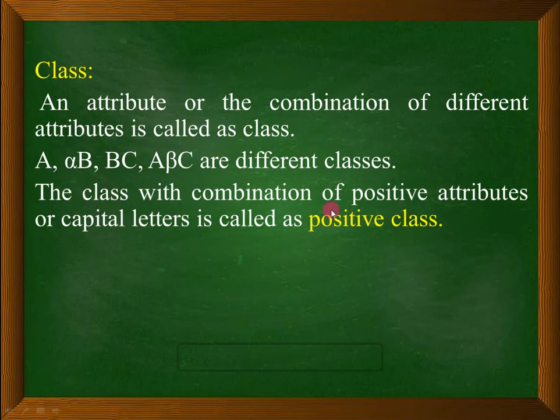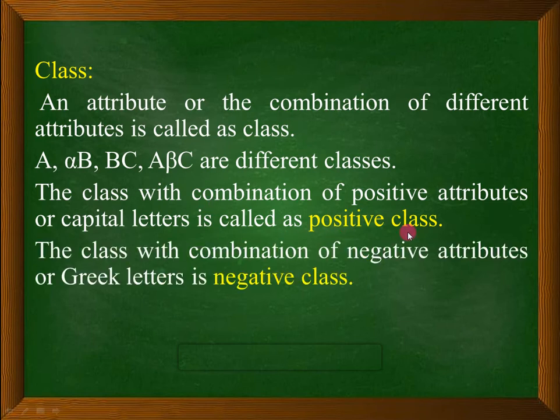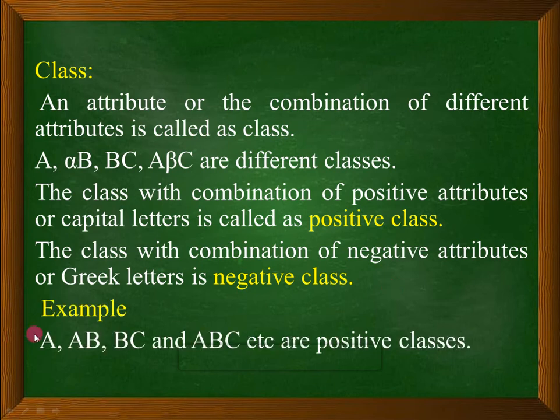The classes with combination of positive attributes or capital letters is called as positive class, and the class with combination of negative attributes or Greek letters is called as negative class. For example, A, AB, BC and ABC etc. are positive classes.